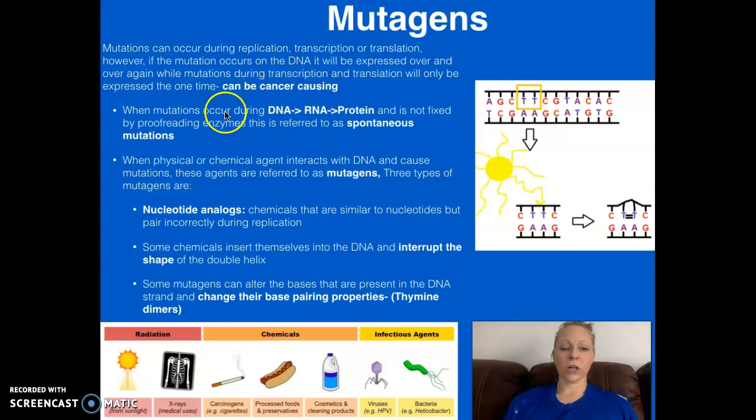And so mutations can occur anywhere in the DNA, RNA, protein process. They can happen during DNA replication, during transcription, and during translation. If they happen during replication, they tend to be a bit more harmful because you've modified the template.